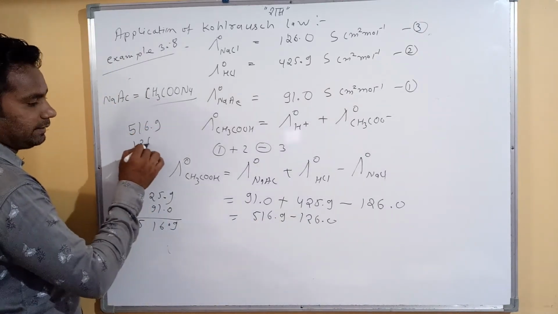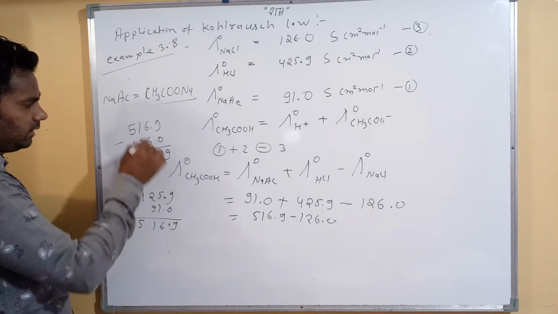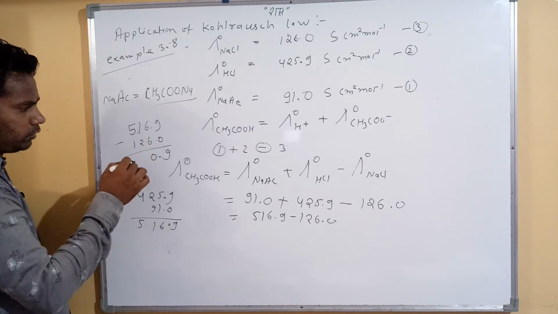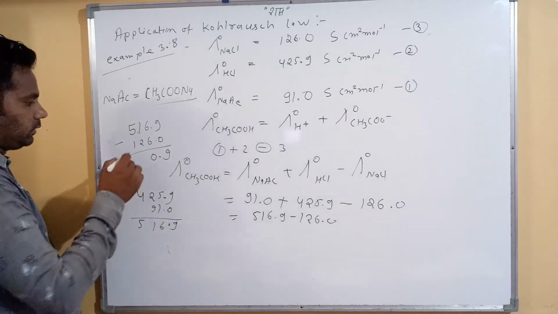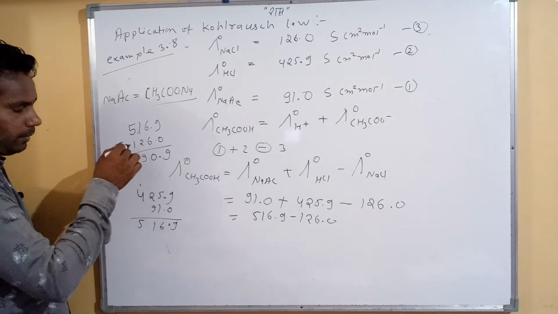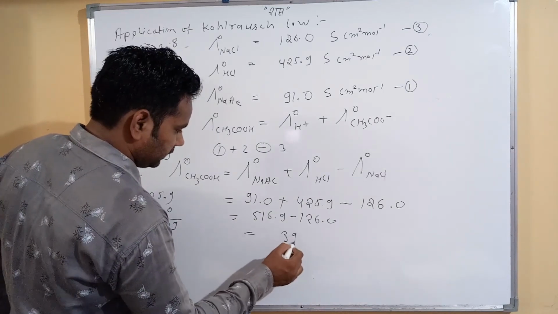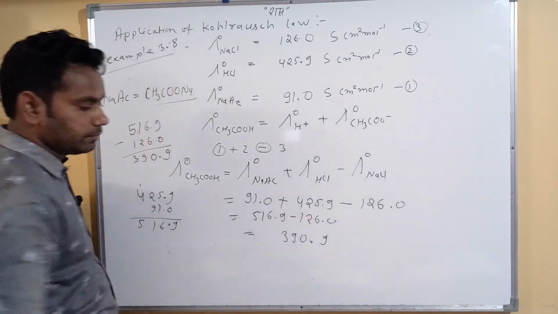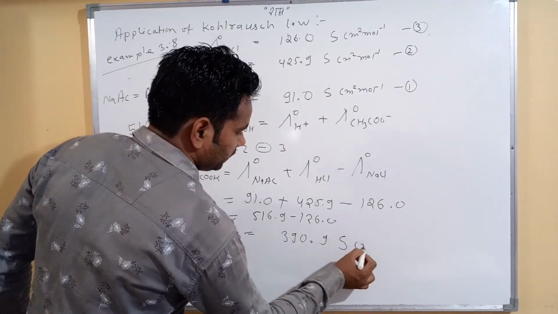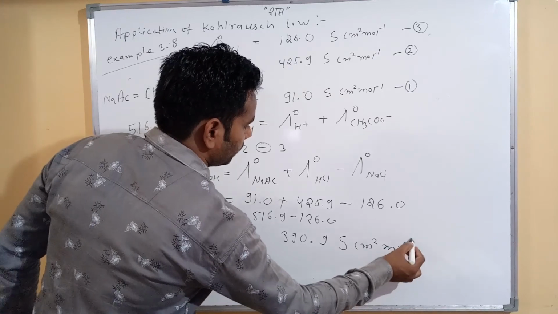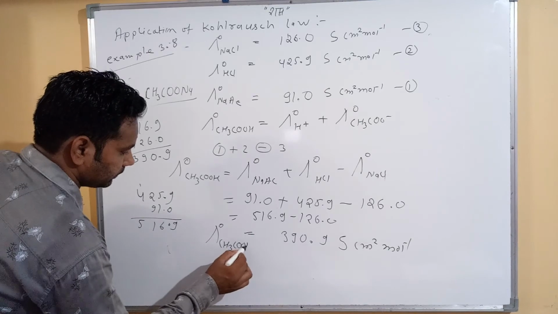Subtracting, we get 390.9. The unit is Siemens centimeter square mole inverse. It is the limiting molar conductivity for acetic acid.